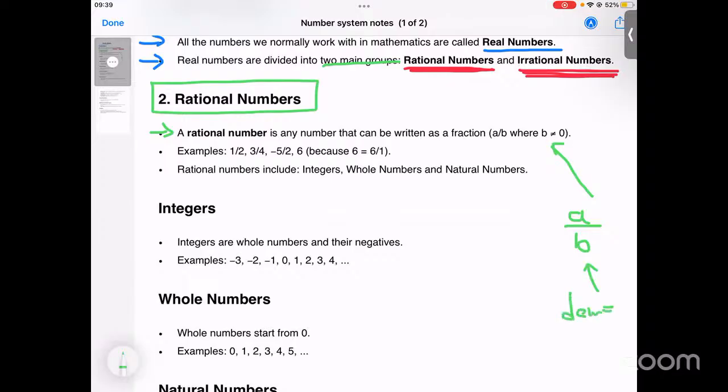Your denominator must never be equal to 0, because the moment you divide a number by a denominator which is 0, it might give you an error on your calculator. Just as an example, let's take our calculator and say 2 over 0. Can you see it gives you maths error, undefined. So that means in this way, we can make a conclusion to say that is not a real number.